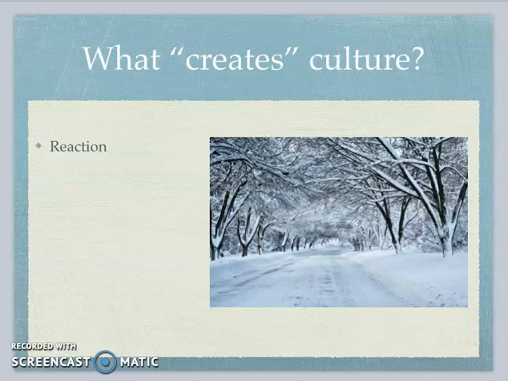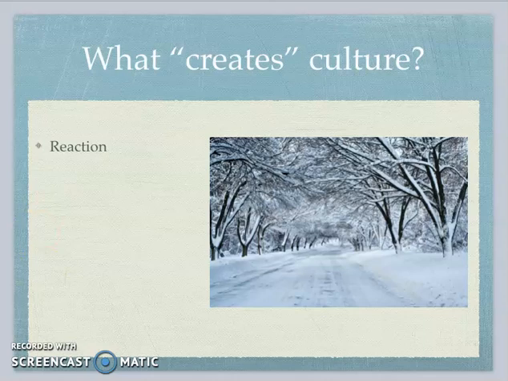Now, when we say environment, we aren't just talking about climate, seasons, weather or geography, we're talking about a lot of other things. This could include vegetation, and it could also include history as well. So the history of a place could also impact our culture.